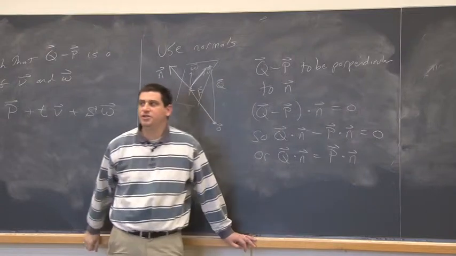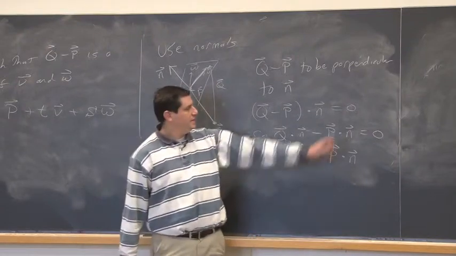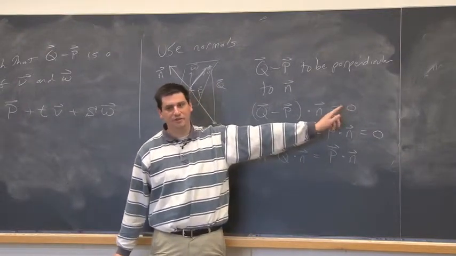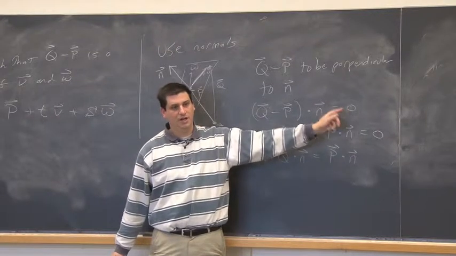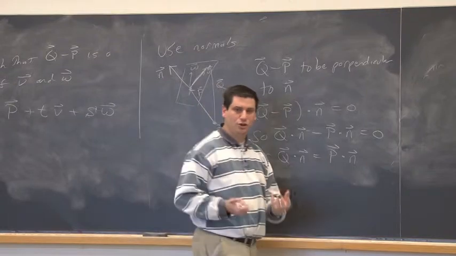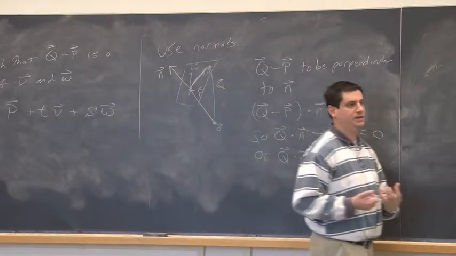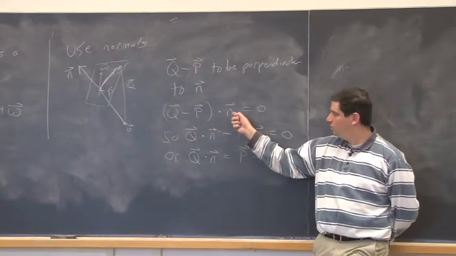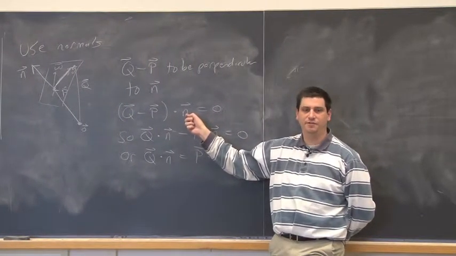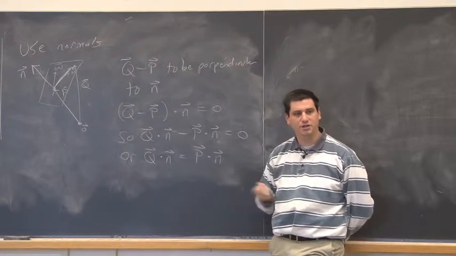So there's a couple things to note here. The first is, is this 0 the number or is 0 the vector? 0 the number. Whenever you take the dot product of two vectors, you get back a number. So this should be 0 the number. If I multiply the normal by 5, if I rescale it by a factor of 5, does it affect the dot product being 0?